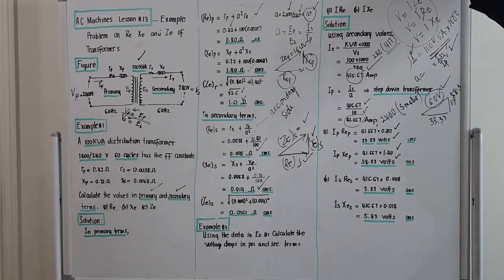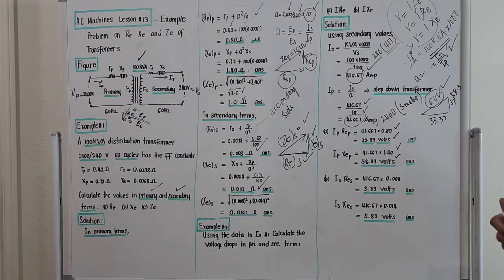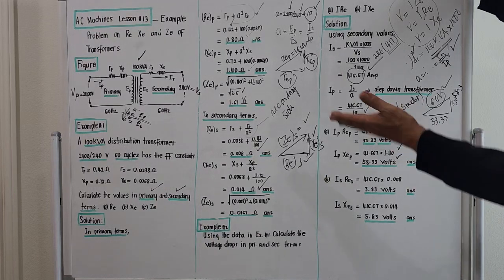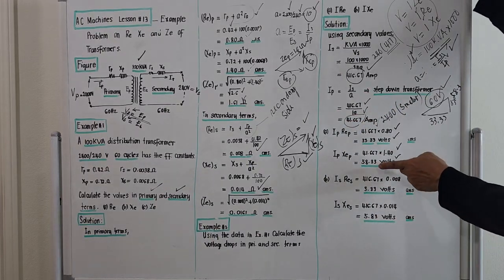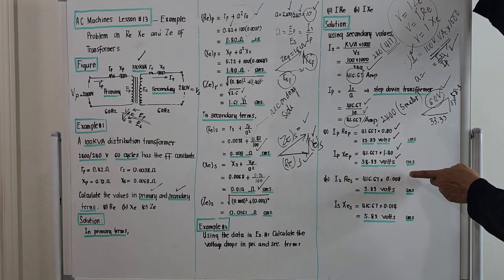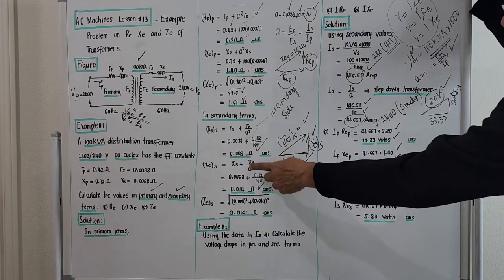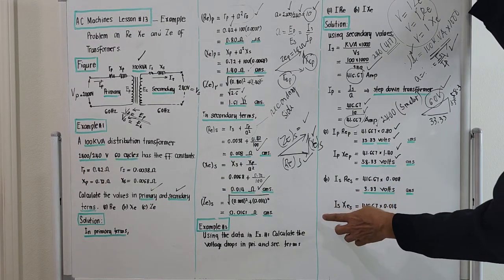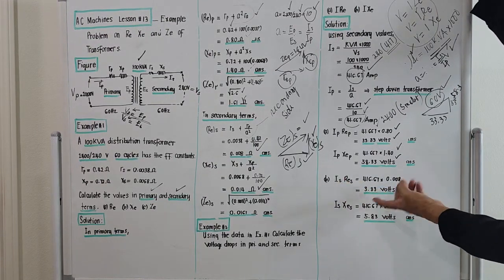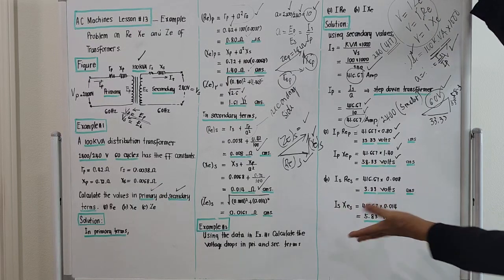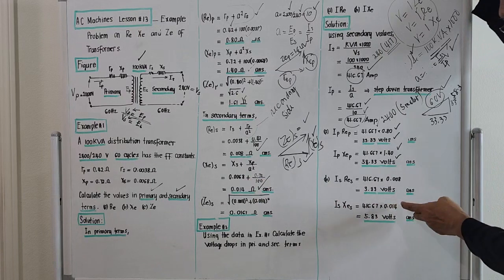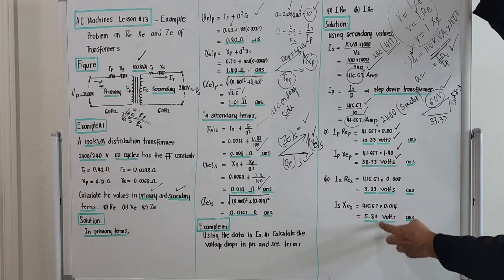For the secondary, we will just replace the current. We will be using the current on the secondary side. The current on the secondary side is 416.67 times 0.008. RES is actually 0.008, so it is 3.33 volts. For the reactance drop, same current of 416.67, and XES is actually 0.014, so this is times 0.014, it is 5.83 volts.